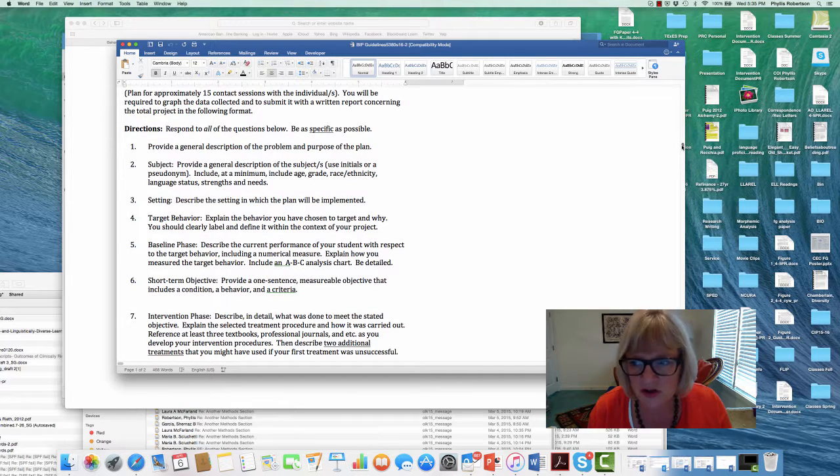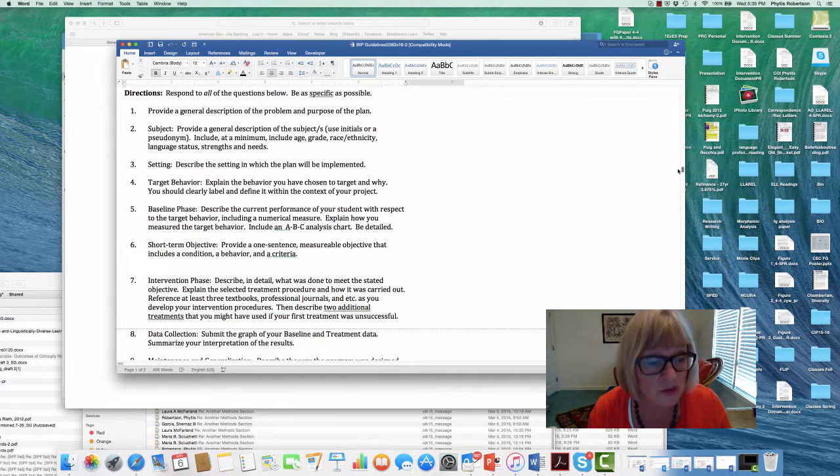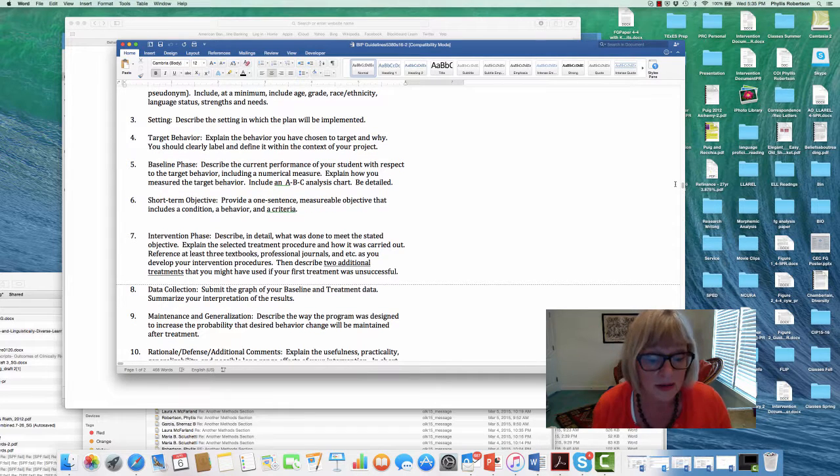For your intervention, describe in detail what you did to support the individual in meeting your objective. So it can be any number of things. I've seen students using token economies. I've seen students using behavior contracts. I've seen students using lots of different kinds of reinforcers to encourage students to engage in appropriate behavior. So you need to explain what you chose and why you chose it.